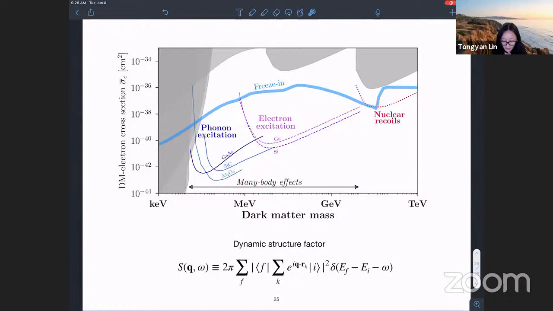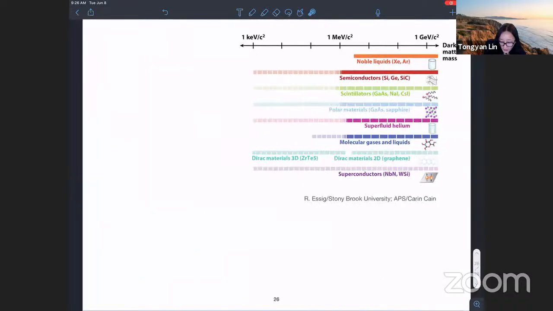So it's a low energy form factor in terms of momentum and energy. If we know it, then we can easily figure out how the material responds to this passing dark matter and its potential. And hopefully I've given you a sense of why so many different materials are considered.